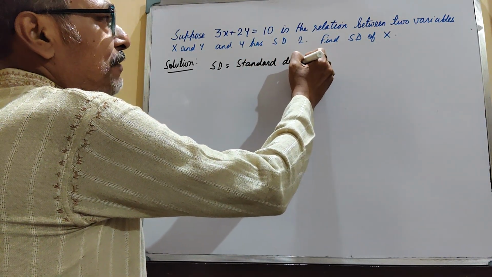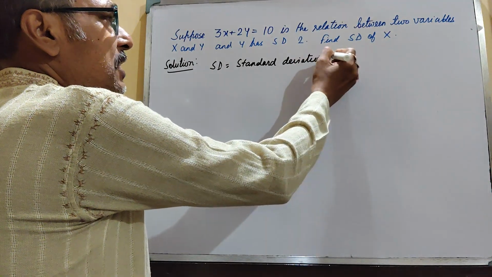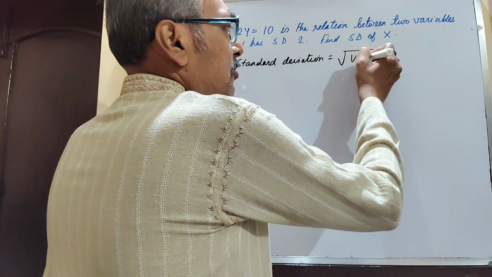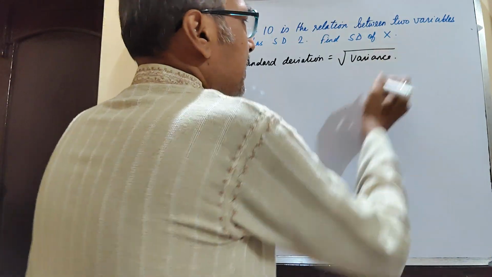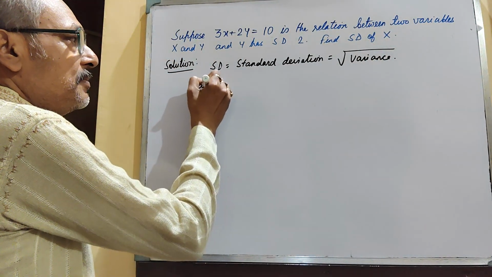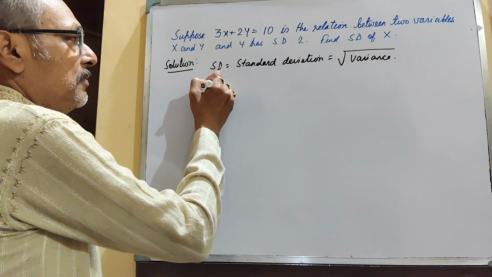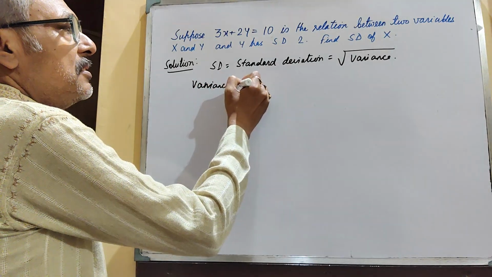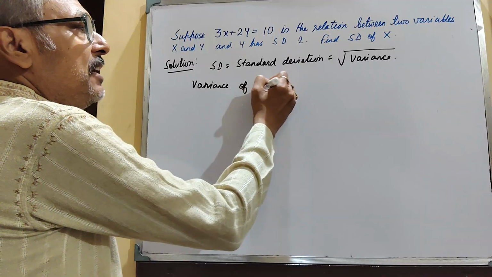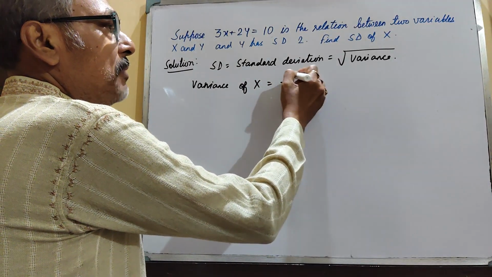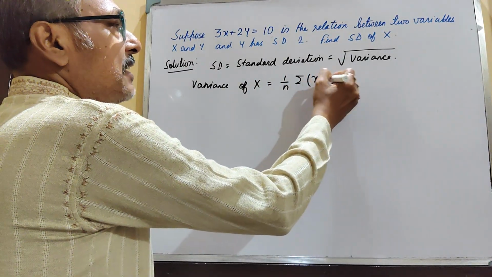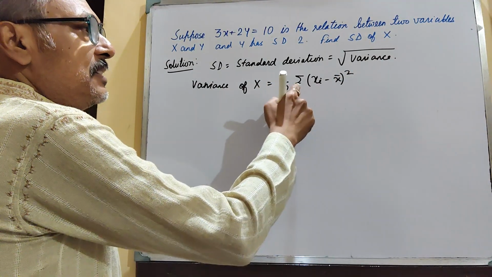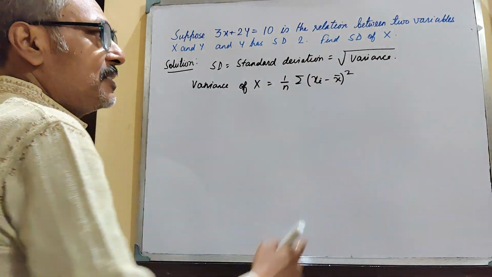What is standard deviation? Standard deviation is the positive square root of variance. Now what is variance? The variance of x has the formula 1 by n summation of (xi minus x bar) whole square.